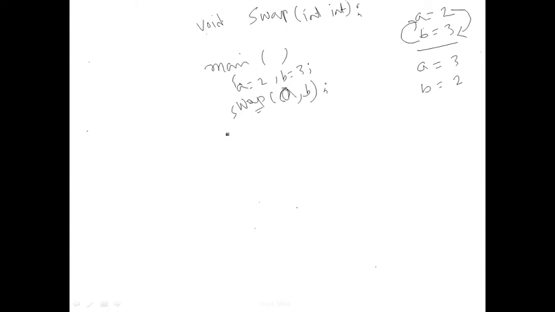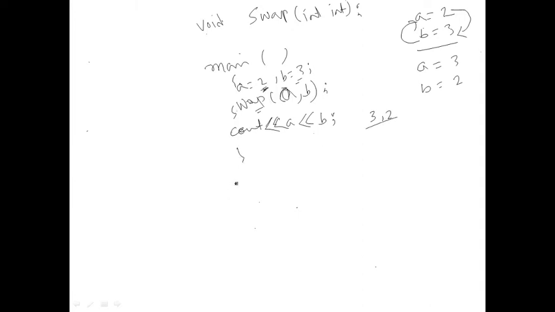You want to print, suppose cout a b. When you initialize a with 2 and b with 3, the output will be 3 and 2, because you called the function and already interchanged them.